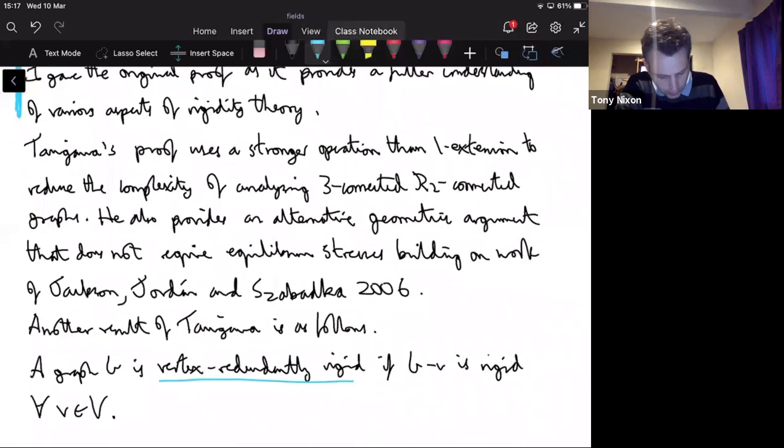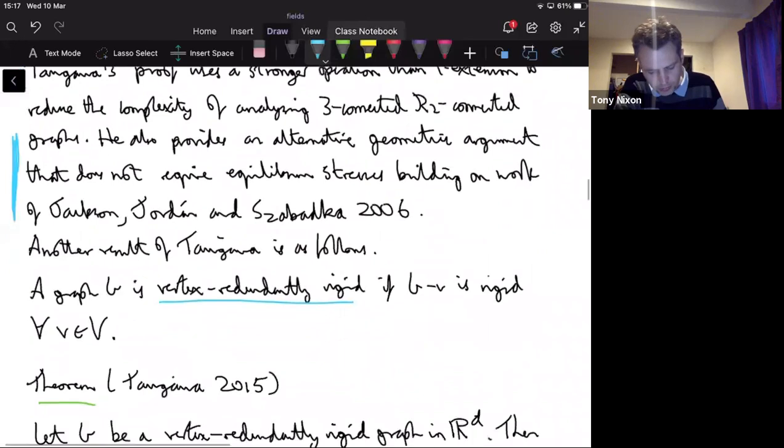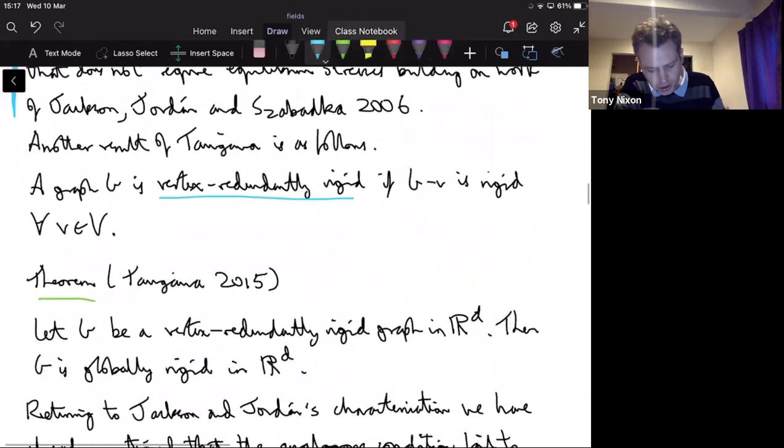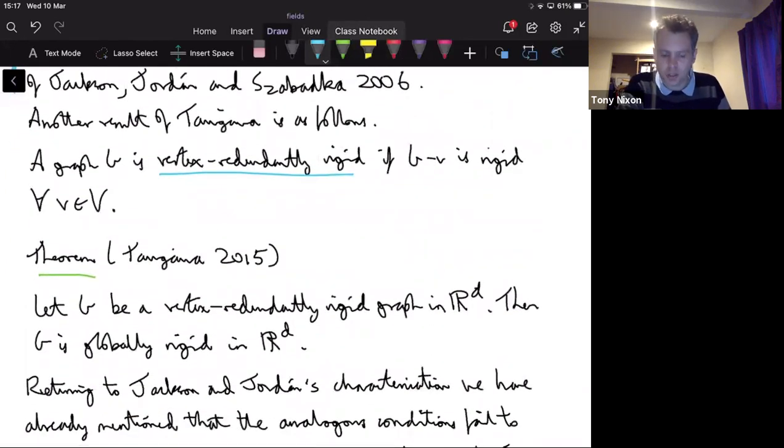Yeah, so I've mentioned Jackson-Jordan's result already, but I also want to mention another result from Shinichi, which is a different sufficient condition for global rigidity from the same paper. So we talked about redundant rigidity in terms of edges. So if you delete an edge, you should still be rigid. You can alternatively think about redundant rigidity for vertices. There was a talk on this sort of topic at the workshop a couple of weeks ago.